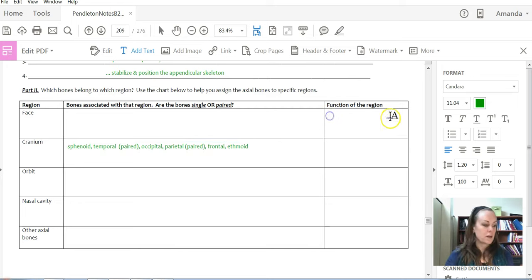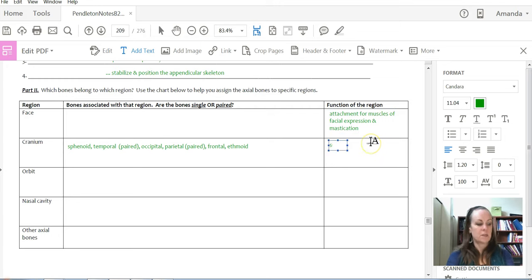Basically, for the face, we're going to have specific functions. We're going to have it be an attachment for muscles of facial expression and mastication. That's chewing. Okay.